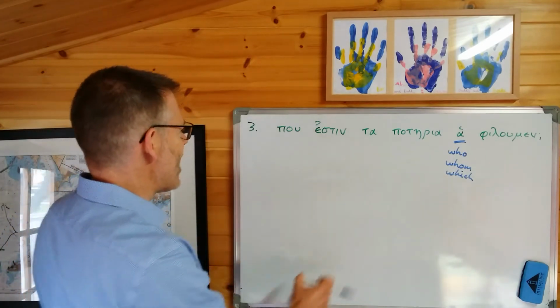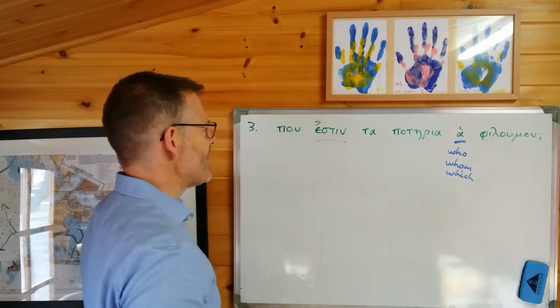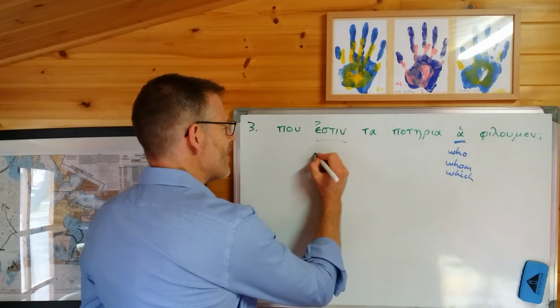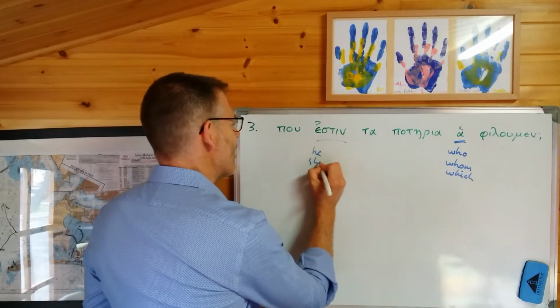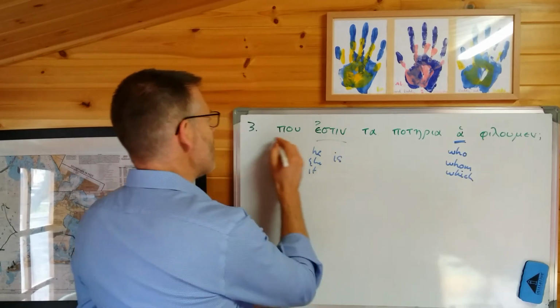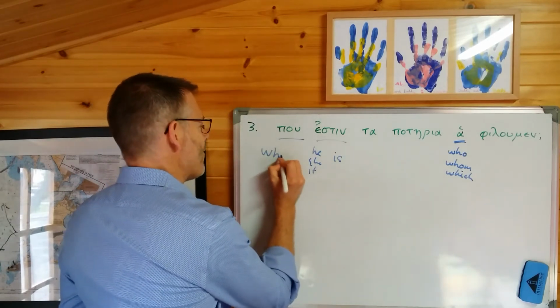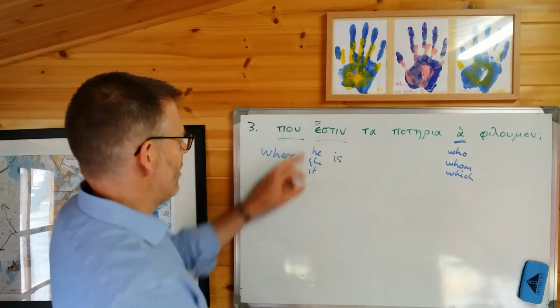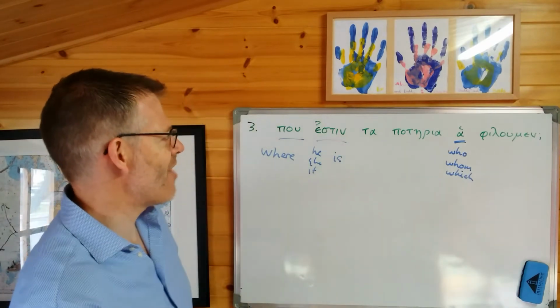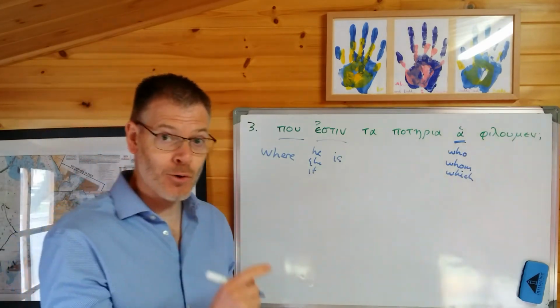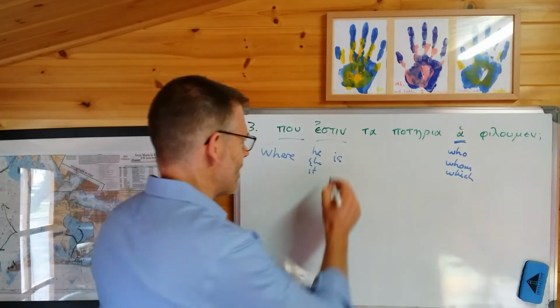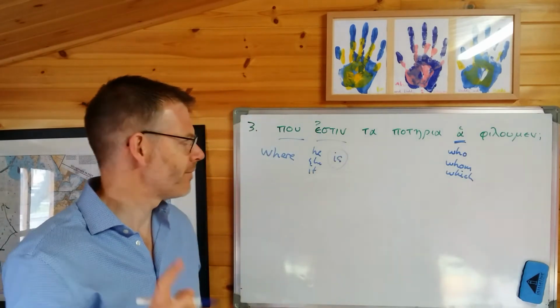Okay, now let's work our way through this. Pou estin ta potēria. Well, here's the verb estin, from eimi. It's third person singular. It means he, she, it is. Pou is where. Where is ta potēria? Well, that's plural, which is interesting because that's singular. Think about that for a second.